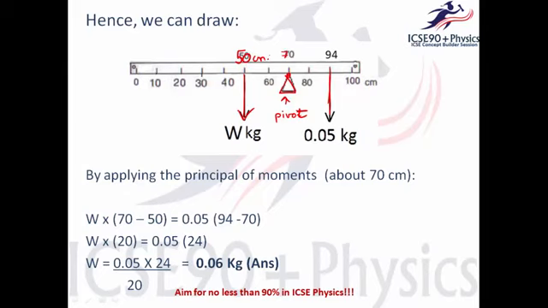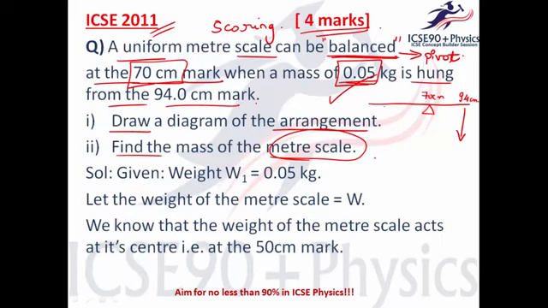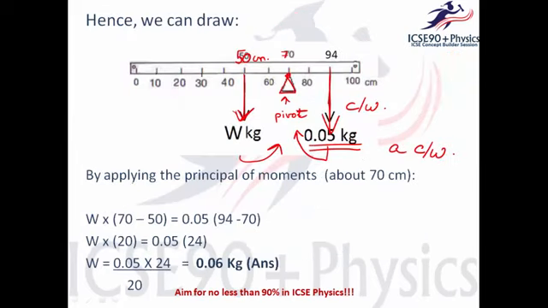If you observe from here, this mass about the pivot point would tend to have an anti-clockwise moment, unlike this weight of 0.05 kg which tends to have a clockwise moment. To be able to calculate this mass, apply the principle of moments about the 70 centimeter mark, or about the pivot point.